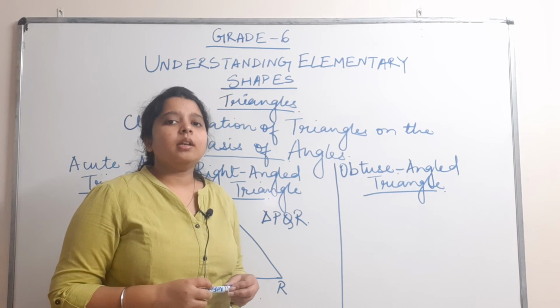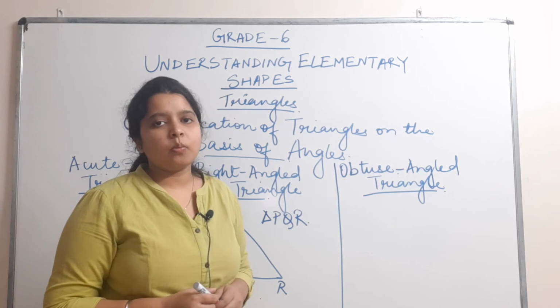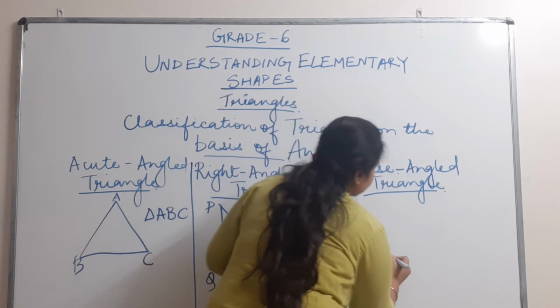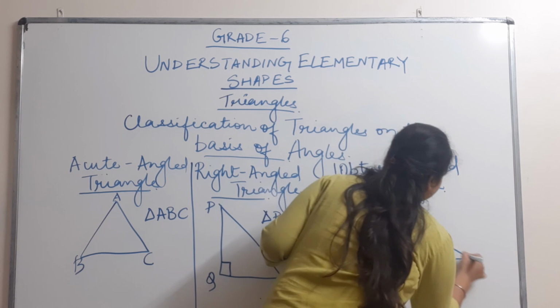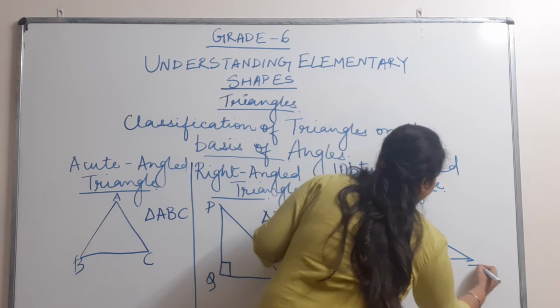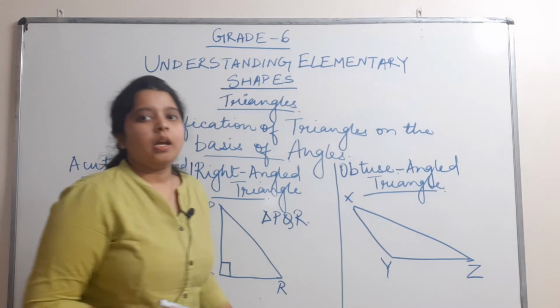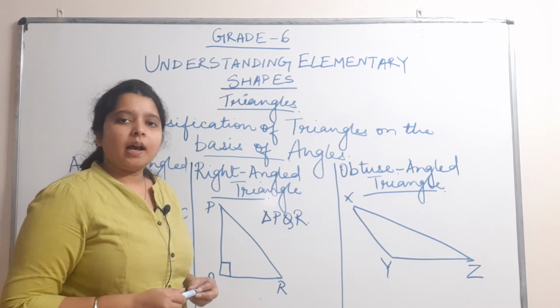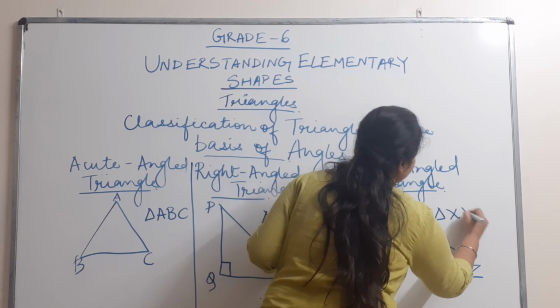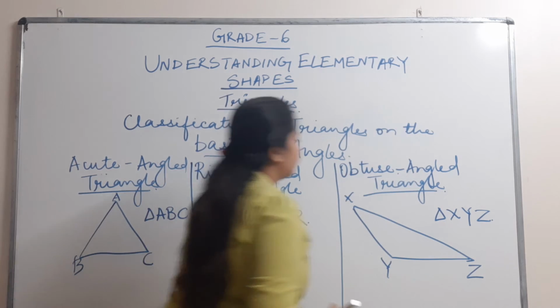An angle measuring greater than 90 degree but less than 180 degree is known as obtuse angle. So if one of the angles is more than 90 degree but less than 180 degree, then it is known as obtuse angle triangle. And also a triangle can have only one obtuse angle. So triangle XYZ is an obtuse angle triangle.